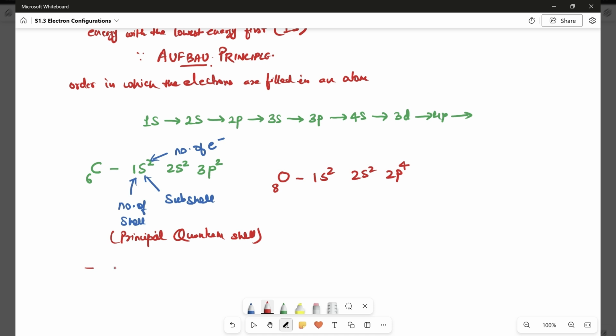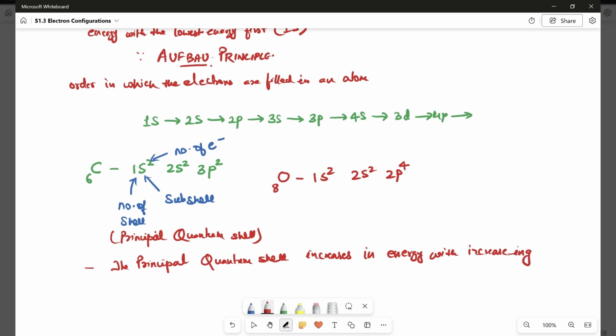So you have to remember that the principal quantum shell increases in energy with increasing principal quantum number.